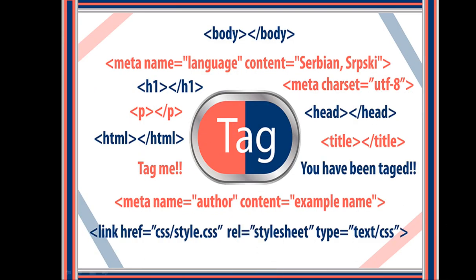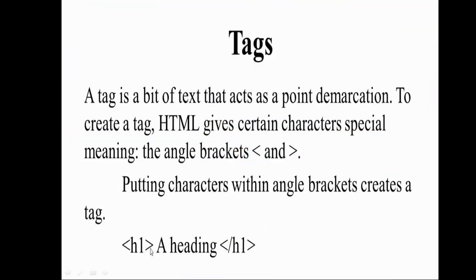Next, a very important topic: tag. A tag is a bit of text that acts as a point of demarcation. To create a tag, HTML gives certain characters special meaning, the angle brackets or angular brackets. So these are the angular brackets. Putting characters within the angular brackets creates a tag.